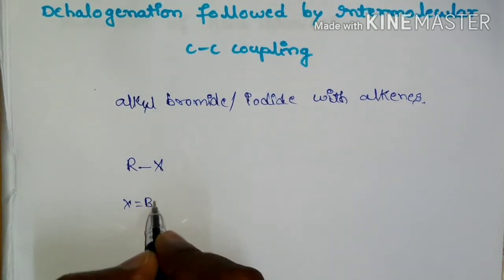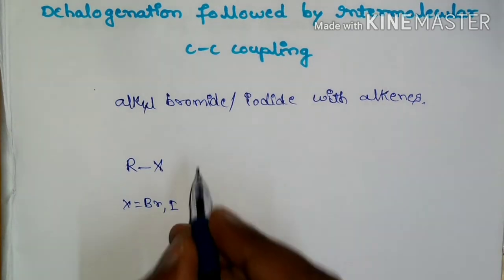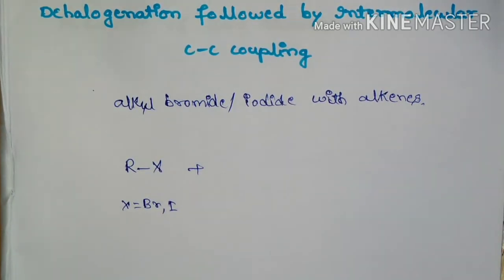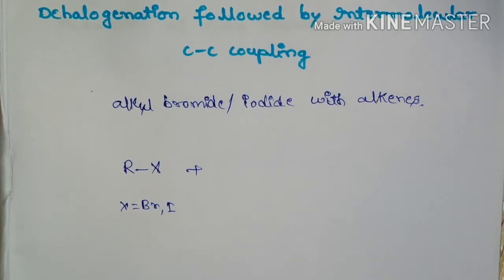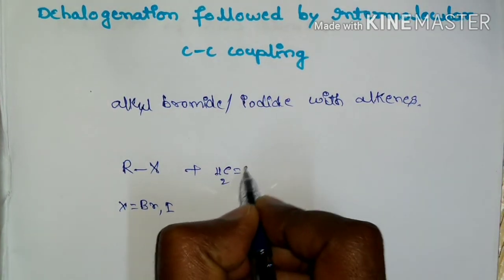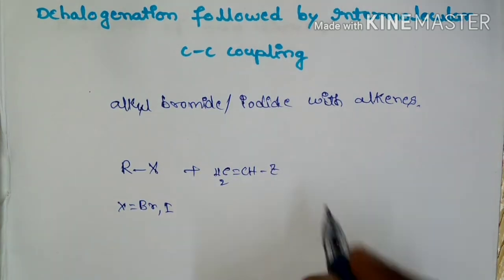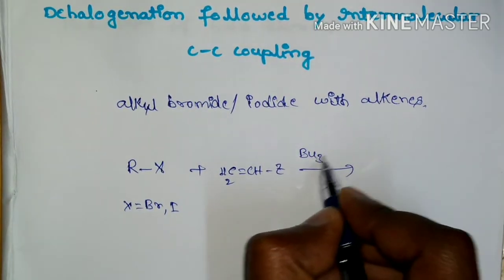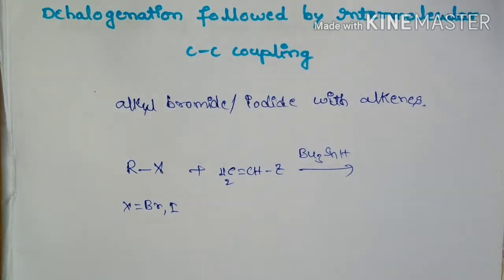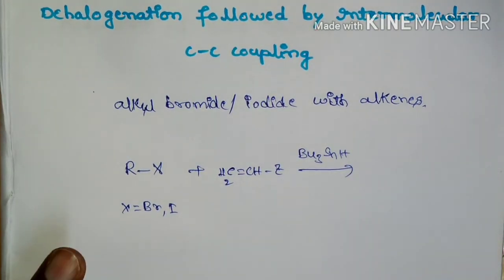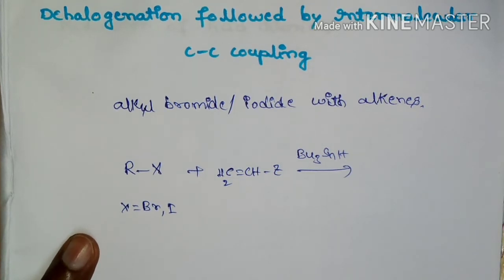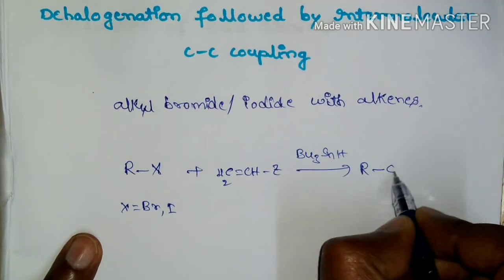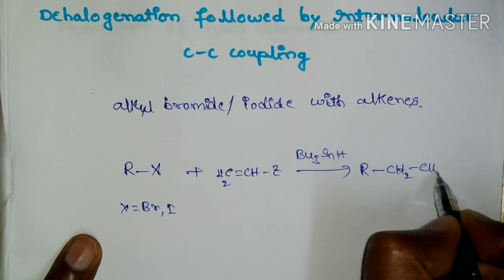Here X will be bromide or iodide. If it is treated with an alkene, some activated alkene, in the presence of tributyl tin hydride, what we can expect is dehalogenation followed by intermolecular CC coupling, and we are going to get RCH2CH2Z.